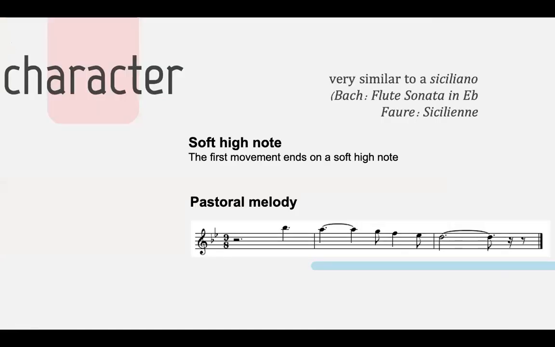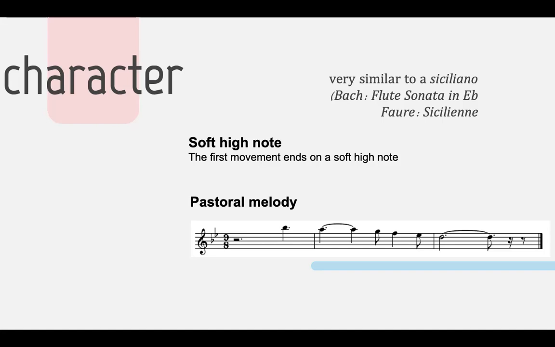Okay, now let me introduce the character of this repertoire. I really like the first part, the Andante Pastoral. The character of this piece is really similar to a Siciliano, which often has lilting rhythms in a minor key and is quite slow.